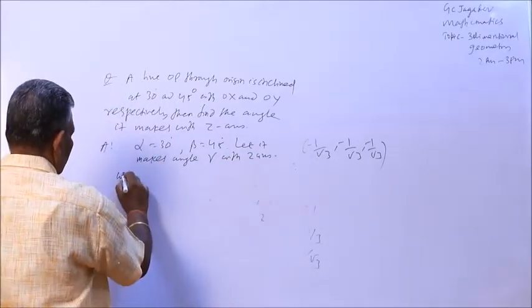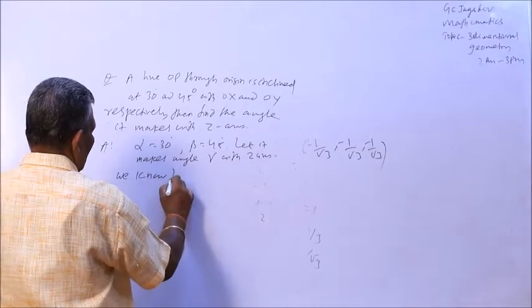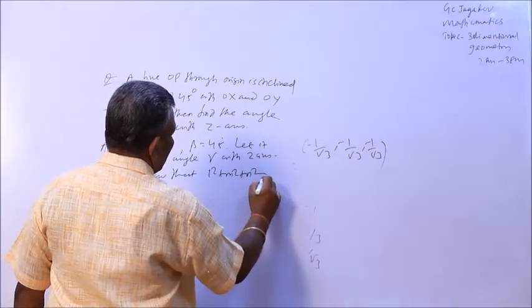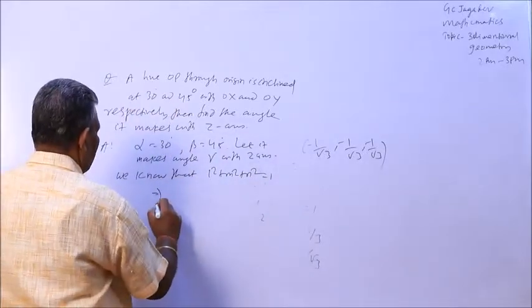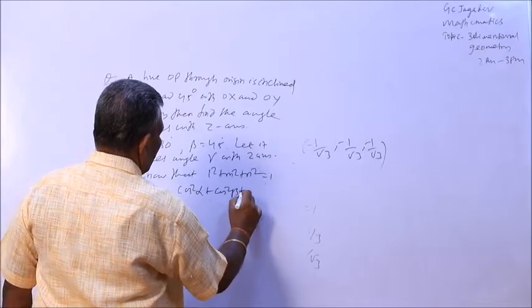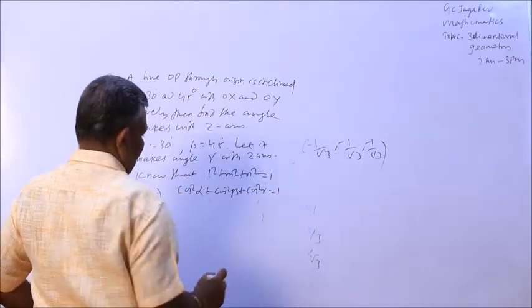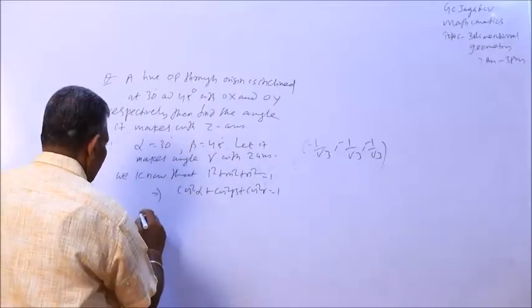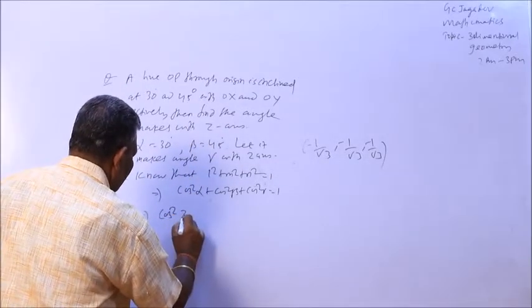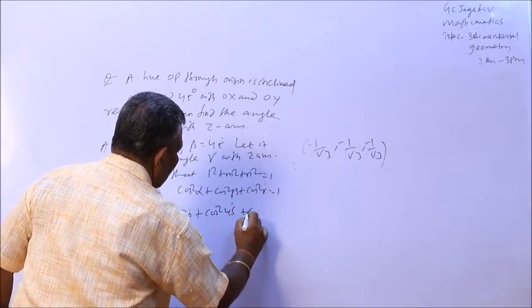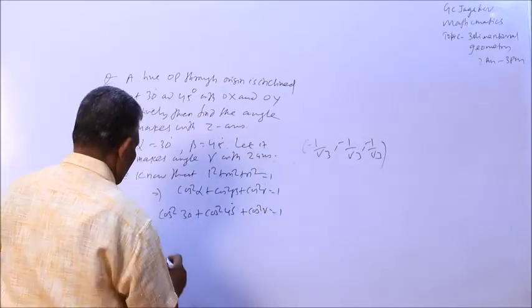We know that L square plus M square plus N square equals 1. That implies cos square alpha plus cos square beta plus cos square gamma equals 1. Alpha is 30 degree, beta is 45 degree: cos square 30 degree plus cos square 45 degree plus cos square gamma equals 1.